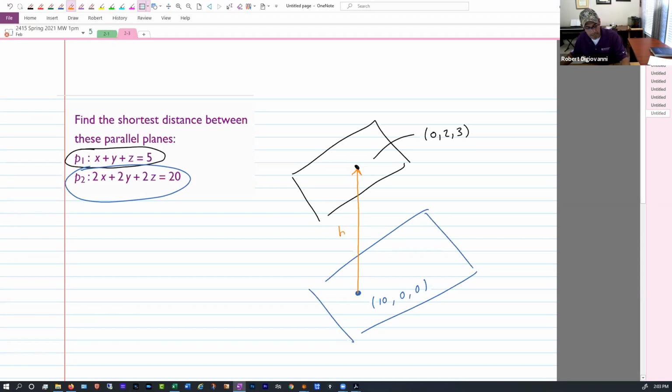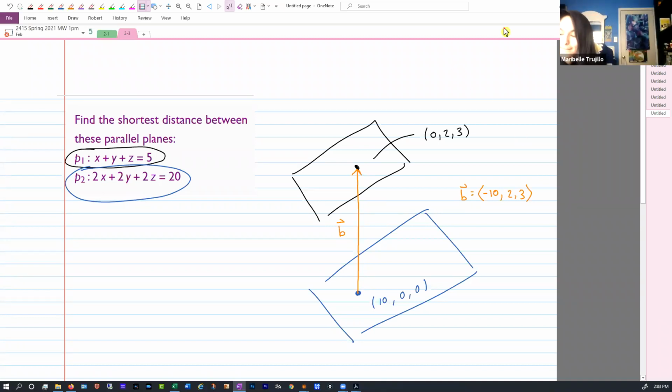We're going to call it B. 10, -2, and -3. Other way around. We're going from here to there. -10, 2, 3. Okay. Everyone got that?